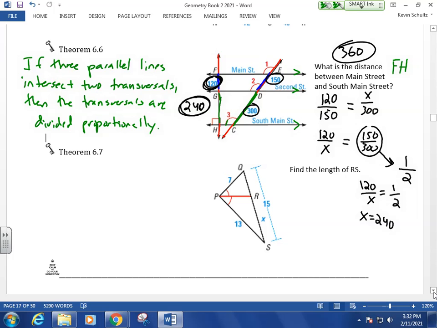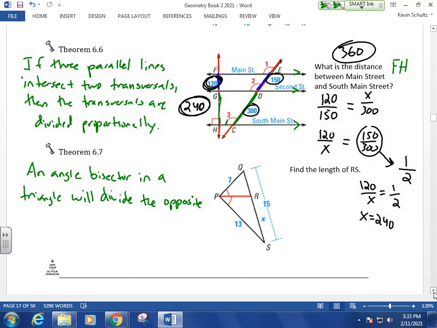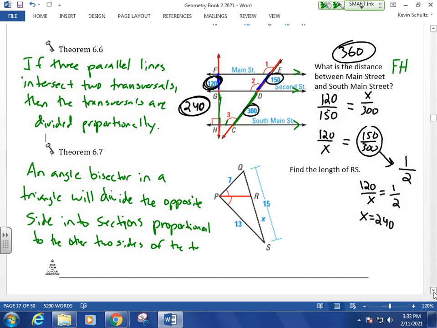And what Theorem 6.7 says, an angle bisector in a triangle will divide the opposite side into sections proportional to the other two sides of the triangle. Yikes, that's kind of wordy, isn't it?